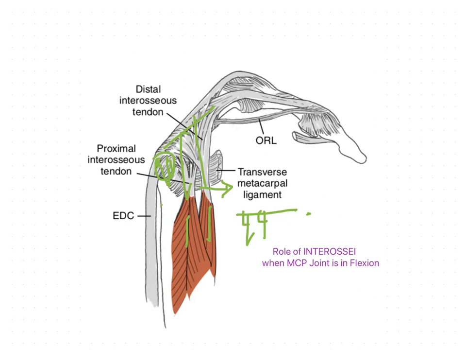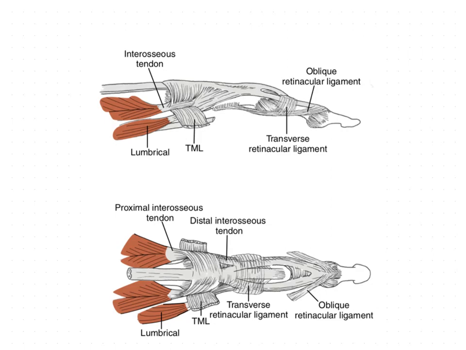Now we will see the role of interossei at the interphalangeal joints during IP extension. For this we can look at the extensor mechanism again.